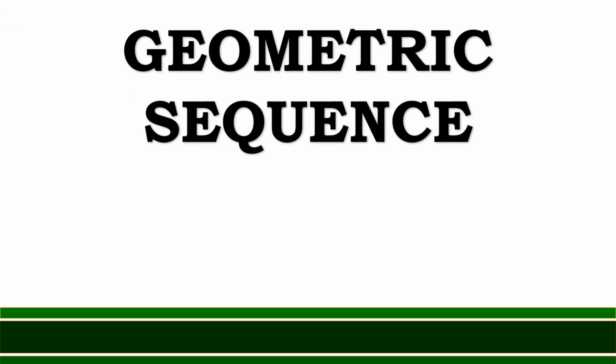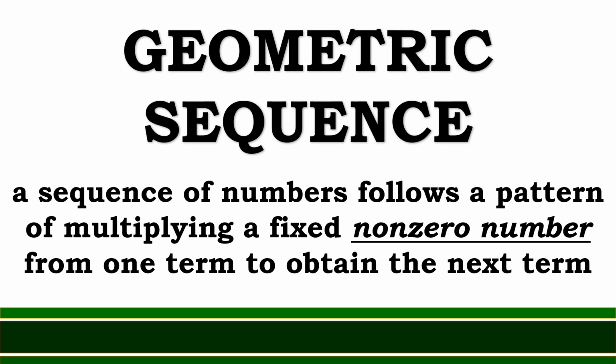Okay, so ngayon, proceed na tayo kay geometric sequence. Kapag sinabi nating geometric sequence, it is a sequence of numbers that follows a pattern of multiplying a fixed non-zero number from one term to obtain the next term.